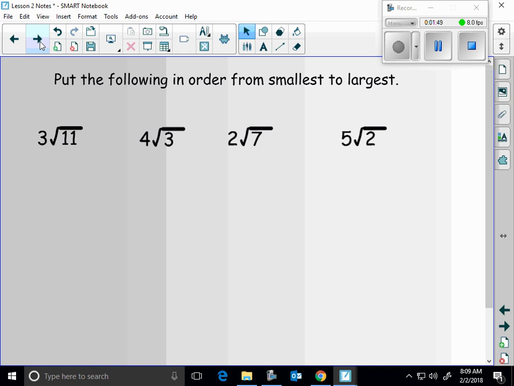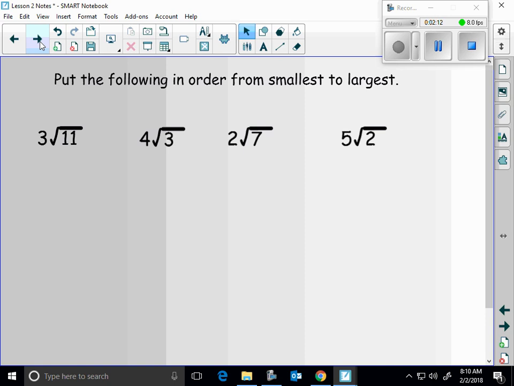How about 5 root 2? Which one looks like the largest one? 3 root 11, maybe? Which one looks like the smallest one? Some would say 4 root 3. A lot of people say, hey, those two numbers, 4 and 3, look like they'd be smaller than a 2 and a 7 or a 5 and a 2.